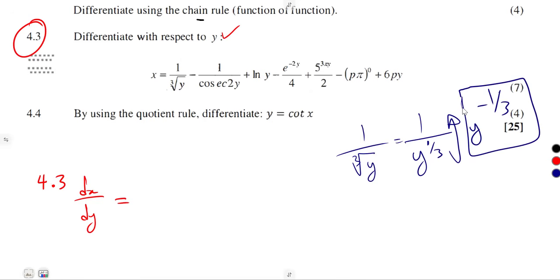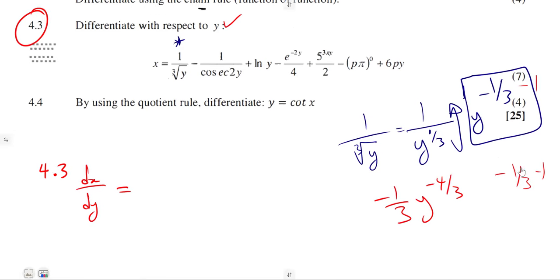Before we differentiate, we are just rewriting. Now let's differentiate. We drop the power, so that's minus a third, then we subtract 1. So minus a third minus 1 is going to give us minus 4 over 3.